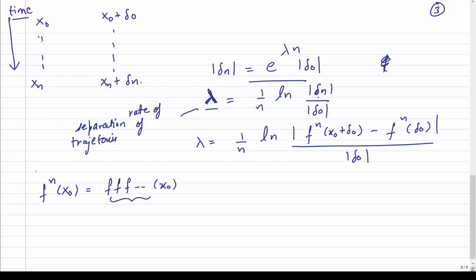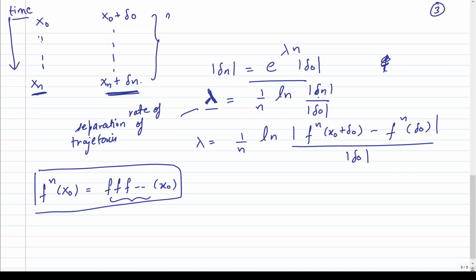So that's what I mean by f of n. When I am computing xn or xn plus delta n, I mean I am iterating the map f n times on some initial condition.